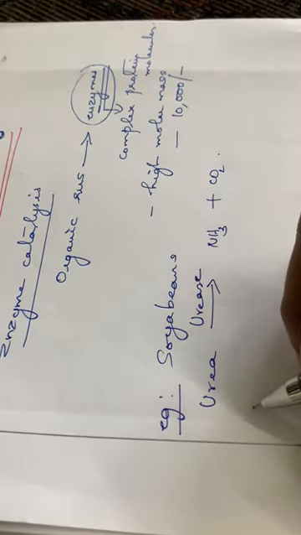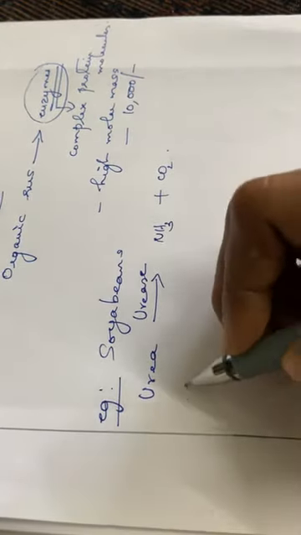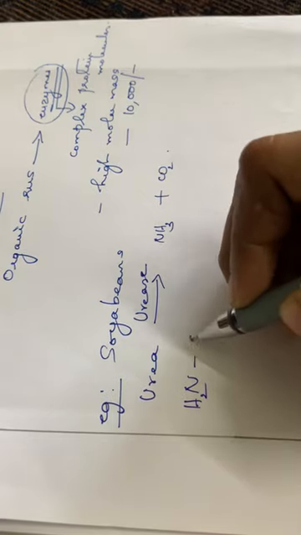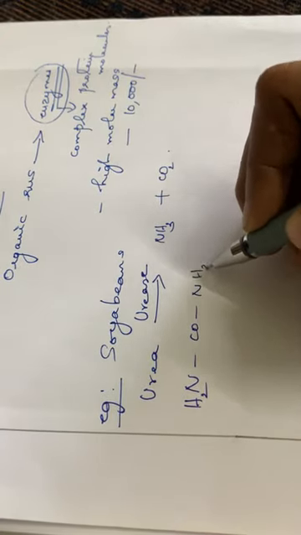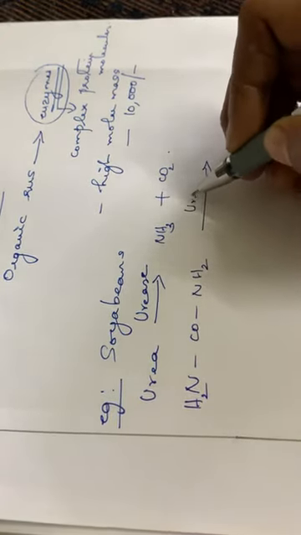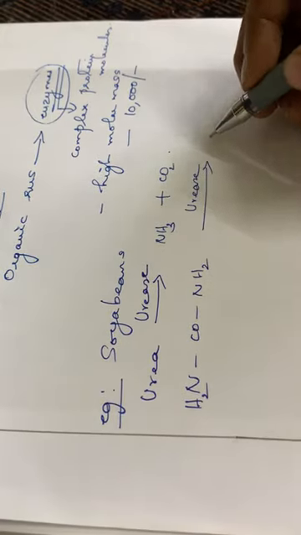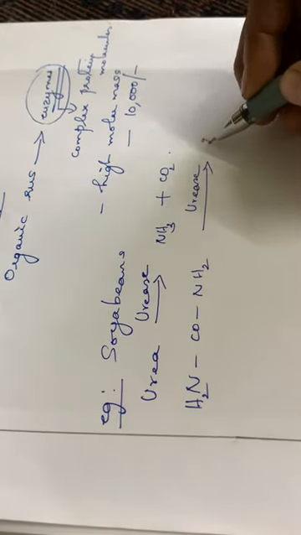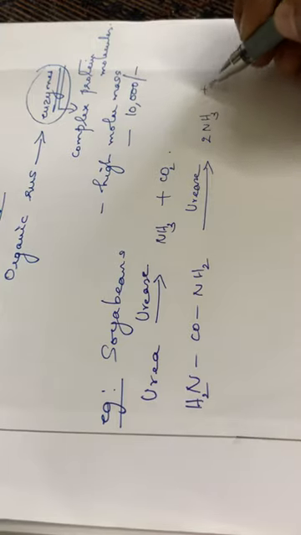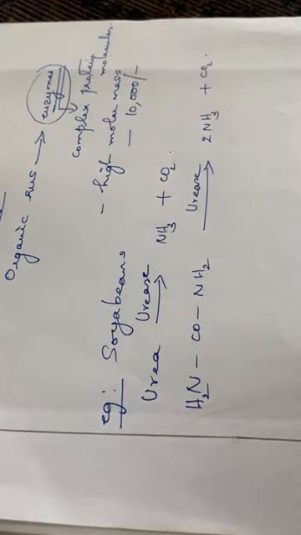You have to write down the equation. Urea, the formula is NH2CONH2. In the presence of the enzyme urease, this urea will be converted to ammonia plus CO2. So this is the first example.